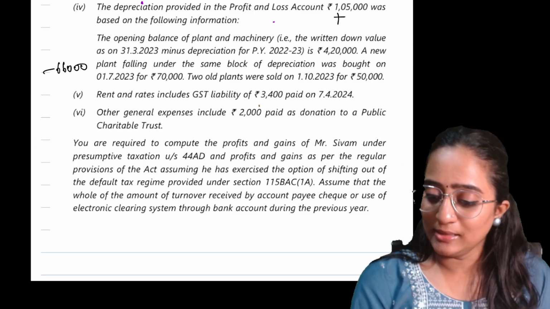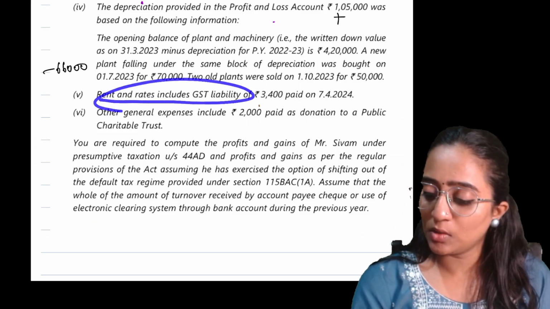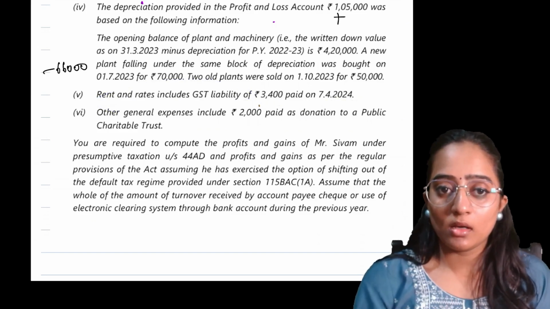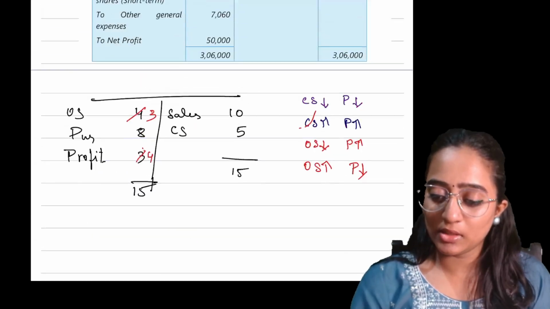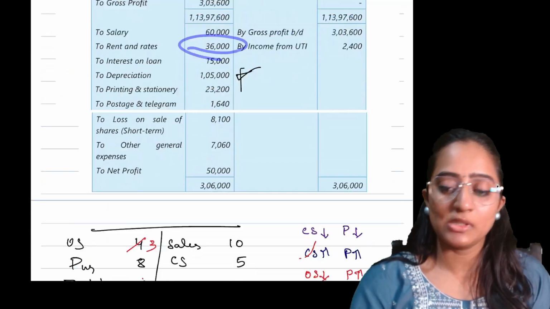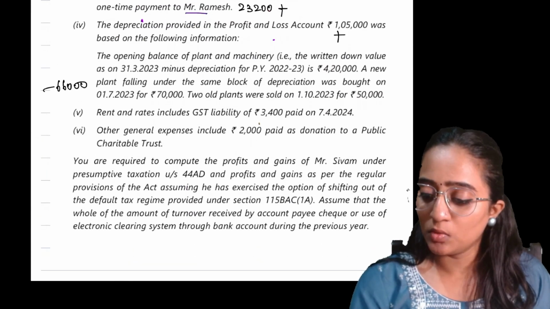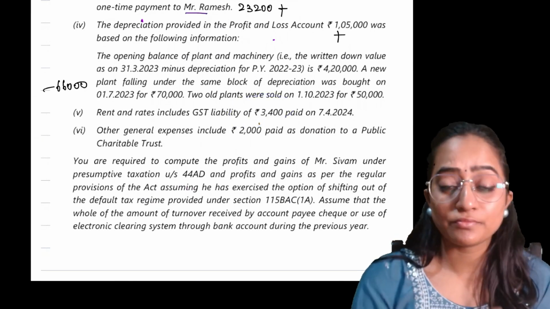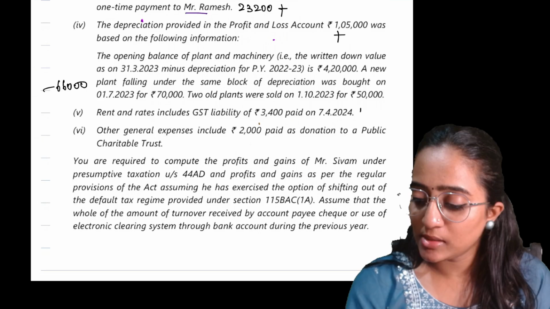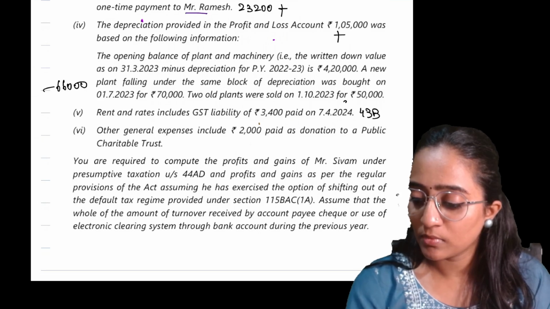Now, rents and rates include GST liability of 3,400 paid on 7/4/2024. People, how much are the rents and rates given in the question? The rents and rates is 36,000. Out of this 36,000, they have included 3,400. Understand one thing. As per section 43B, you guys remember section 43B?